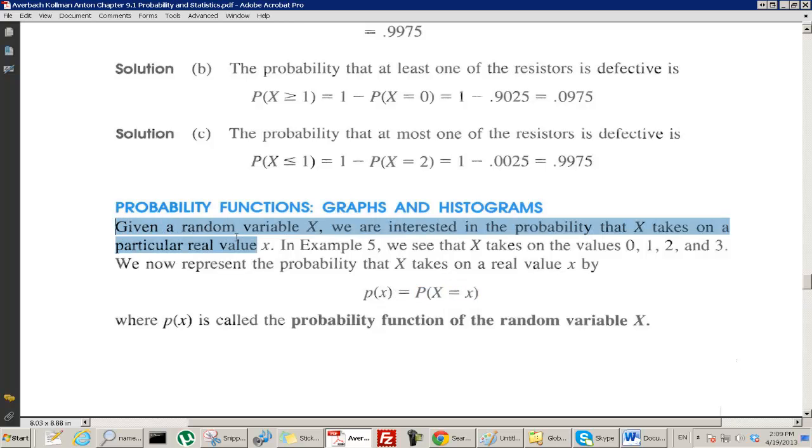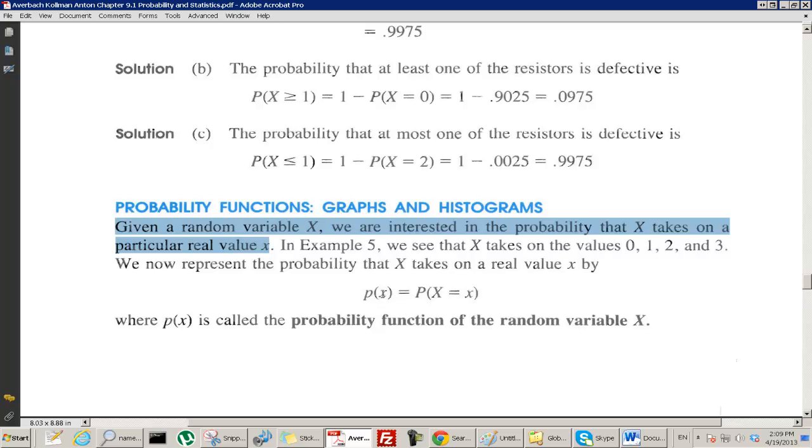So given a random variable x, we are interested in the probability that x takes on a particular real value little x. Like here it's 2, like here it's 0. In example 5, we see that x takes on the values 0, 1, 2, 3, whatever. We now represent the probability that x takes on a real value x by little p of x.